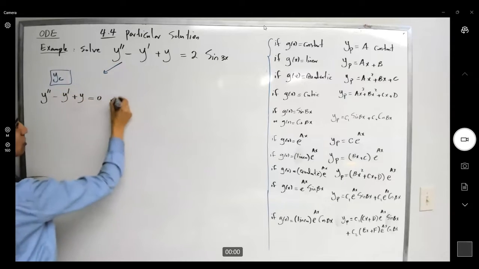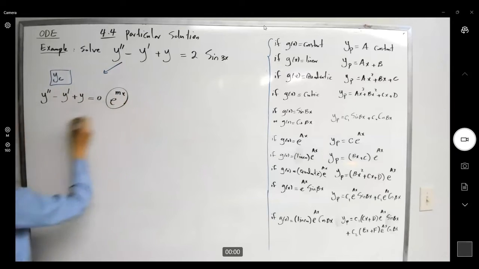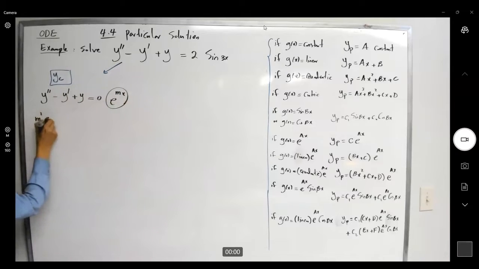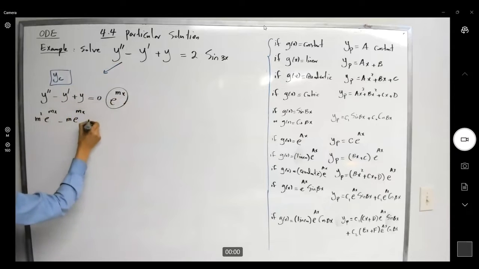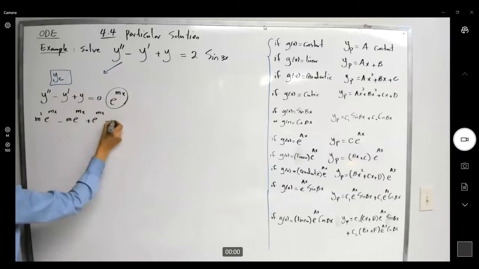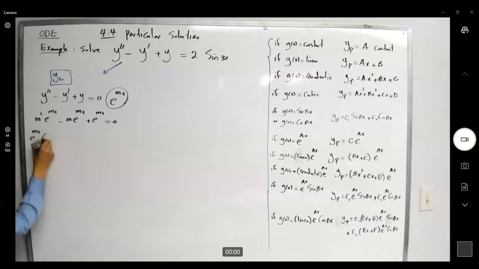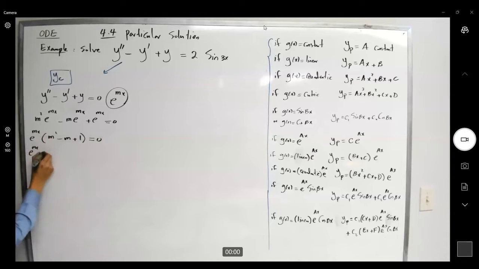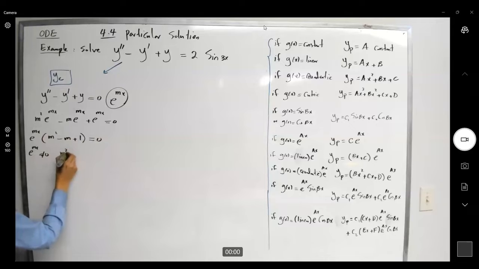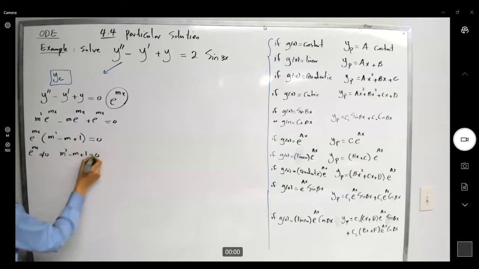So the possible solution is e to mx. So we get m squared e to mx minus m e to mx plus e to mx equal to 0. Factor out e to mx. M squared minus m plus 1 is equal to 0. So e to mx, as we know, is not 0. So the auxiliary or characteristic equation is m squared minus m plus 1 equals 0.